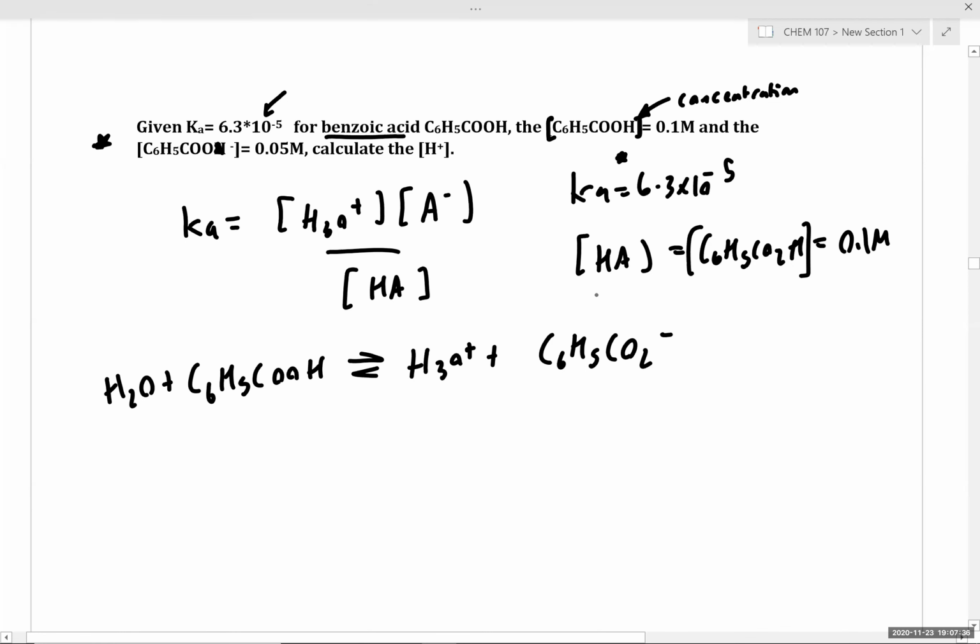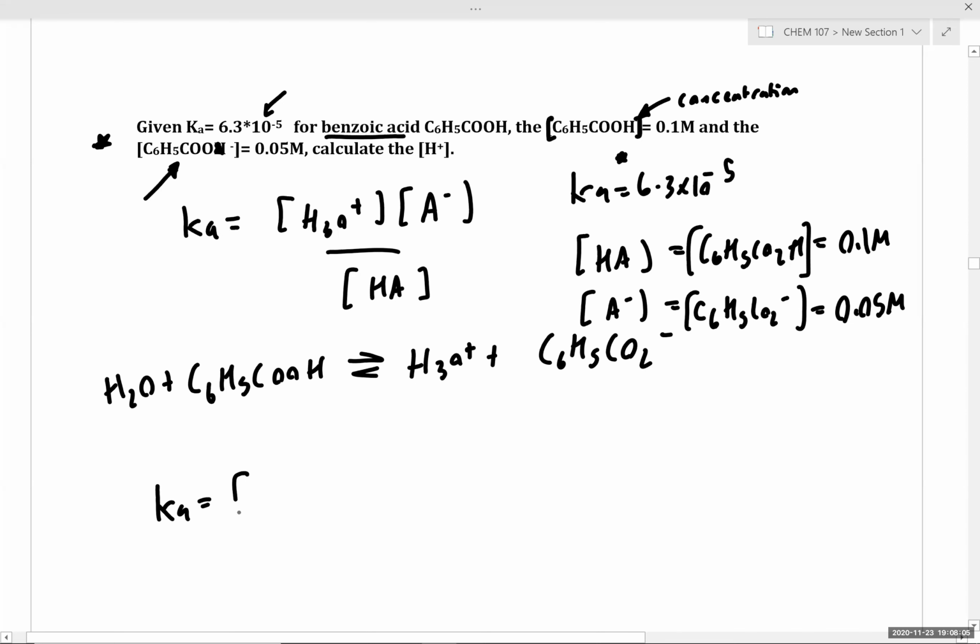Perfect. And what is our A minus, our conjugate base? C6H5CO2 minus. Yep, exactly right. And do we know the concentration of benzoate? 0.05 molar. Okay, so now let's plug this in.